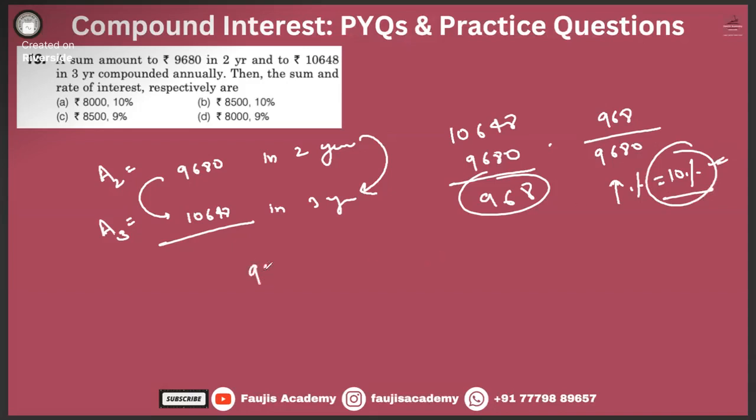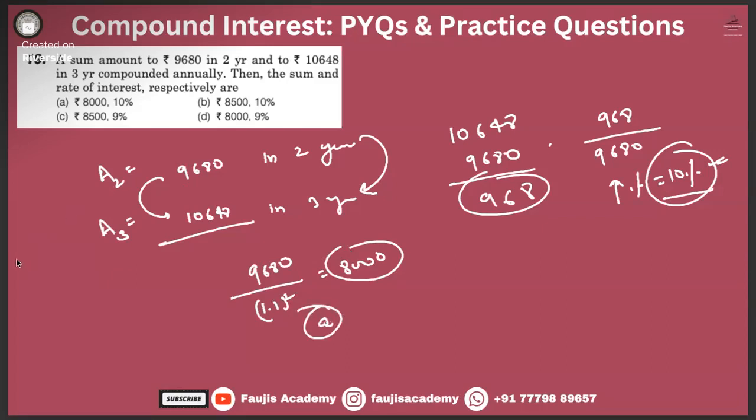But this 9680 we have reached with compound interest, so 1.1 whole square. 9680 divided by 1.1 whole square, you get 8000. Are you getting it? Yes, sir. Your answer option A is correct over here.